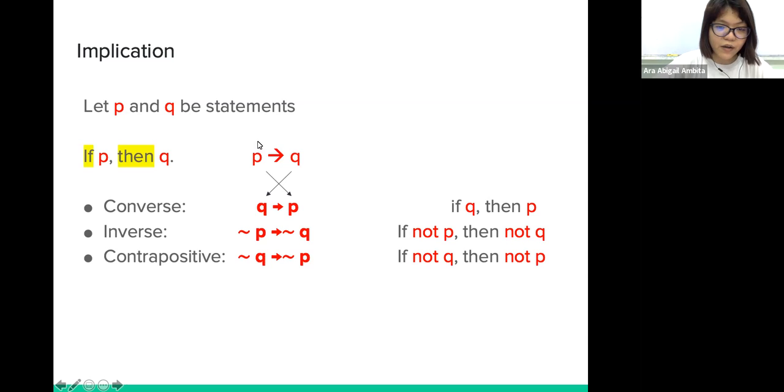The inverse of P implies Q is not P implies not Q. After that, we swap the roles of not P and not Q, so we have the contrapositive not Q implies not P, also read as if not Q, then not P.